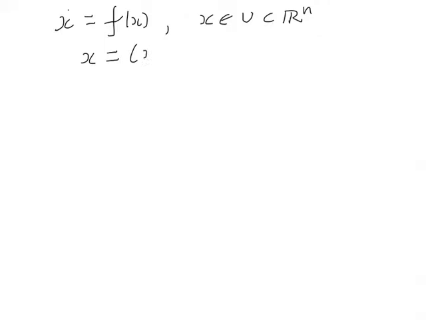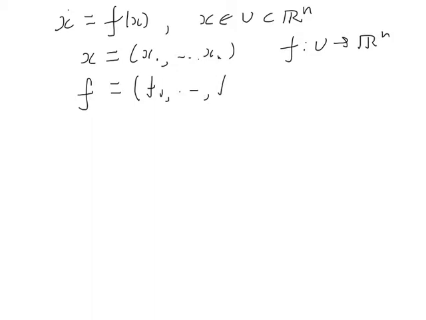Okay, so how's that going to go? Well, let's talk a little bit about what df of x tilde is. So when I write the equation x dot is equal to f of x, remember that x is an element of U, which is a subset of Rn, so that means that x is actually a vector, x1 up through xn, but f goes from U into Rn, so the values of f are really a vector too.